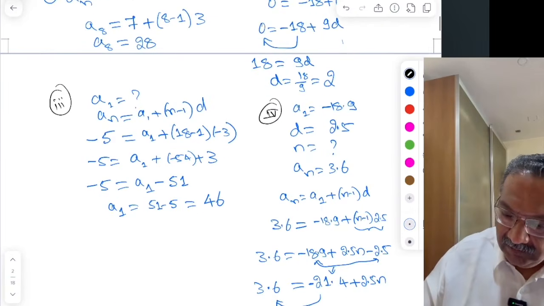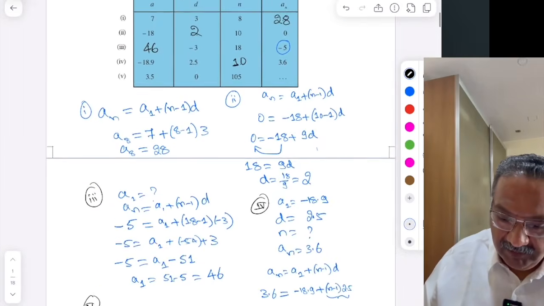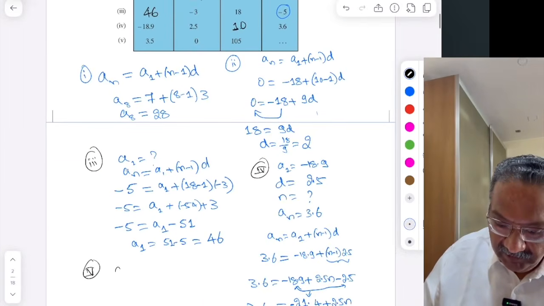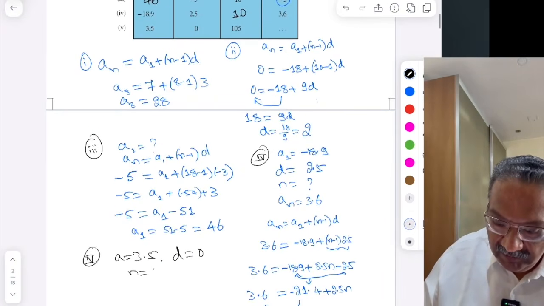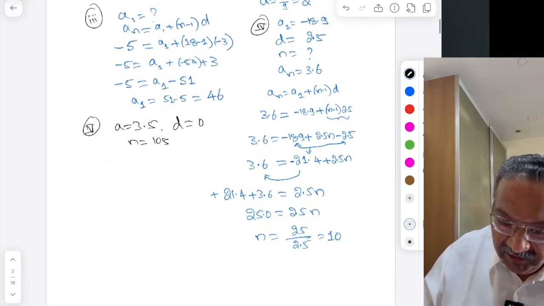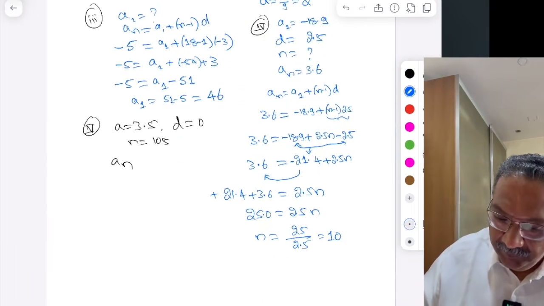Fifth one. Here what they have given: A is 3.5, D is 0, N is 105, and they are asking AN.